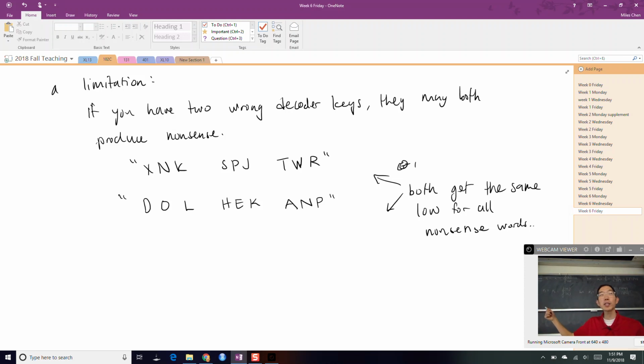And we would say the second line, even though it's all nonsense words, seems a little bit more likely than the top one. We'll resume next Friday, but we want to be able to say that the second one should still get a higher probability than the first one, even though it's producing all nonsense, okay?